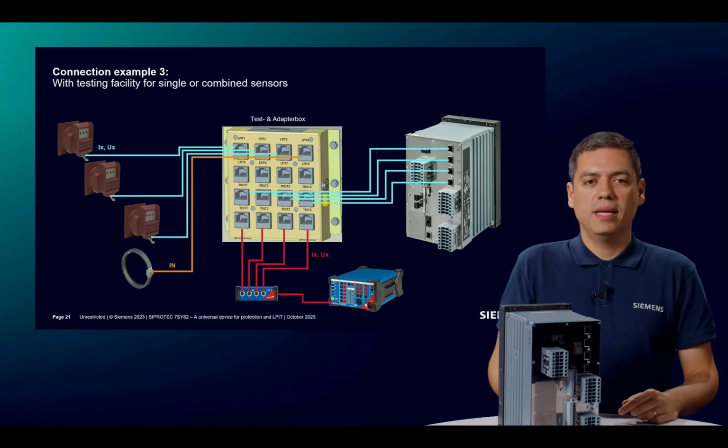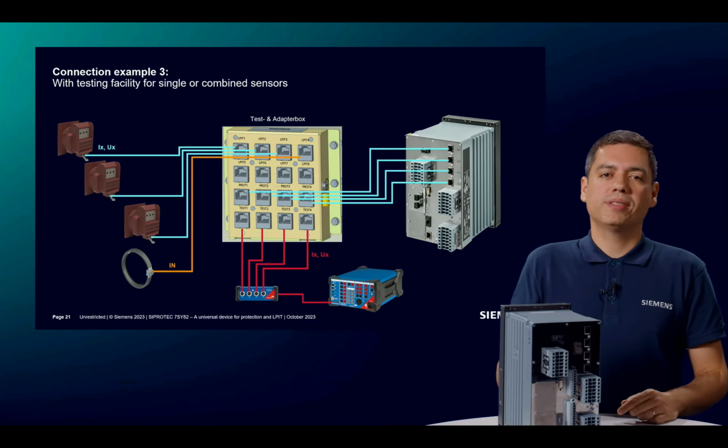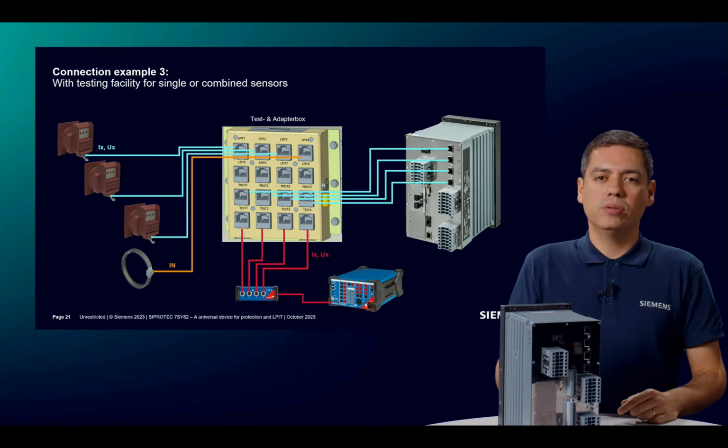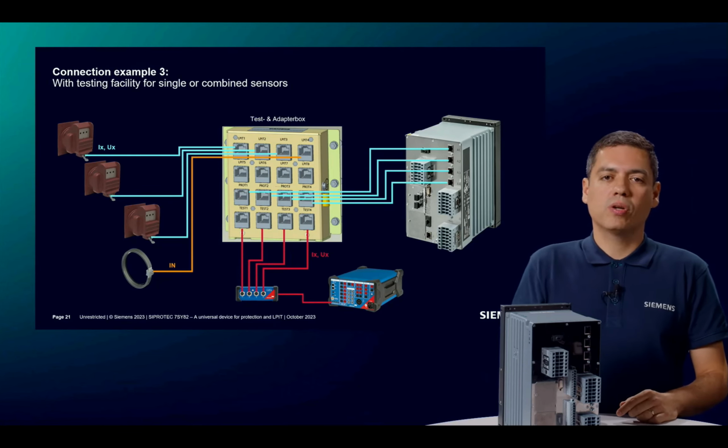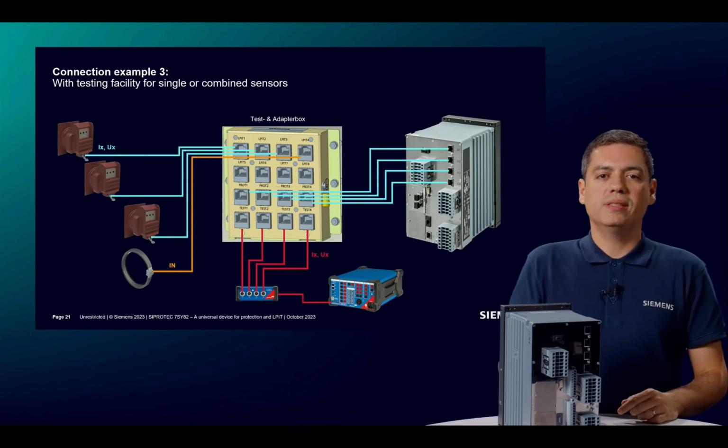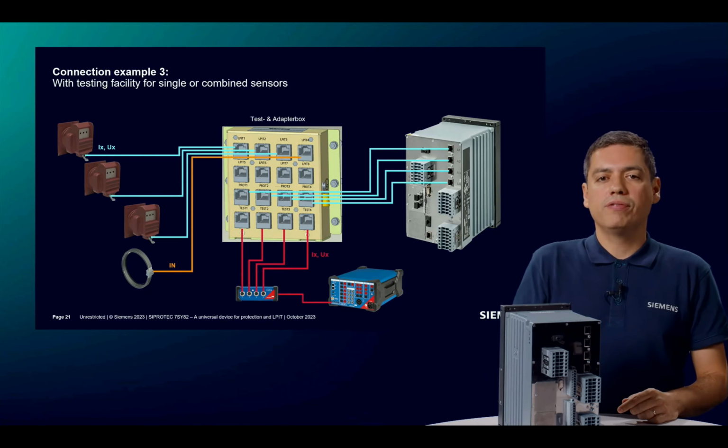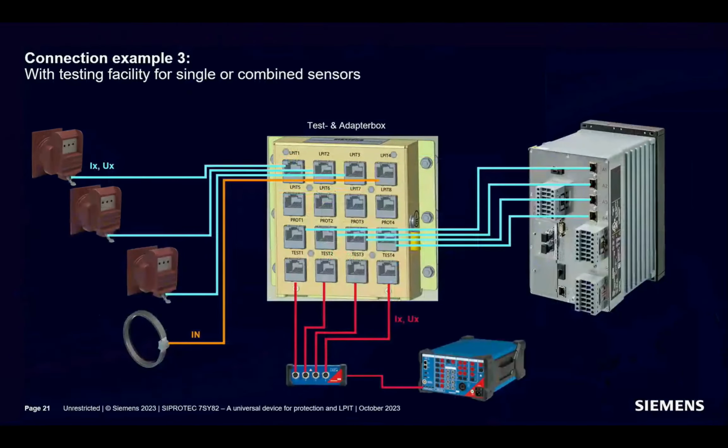In addition, the adapter box also supports testing the 7SY82 by providing the connections for coupling test signals in the 4th line. If you look closely, you will also see in this example that the combination transformers of the 3 phases, as well as the separated earth current sensors, all of which could also be connected directly to the device, are connected to the first line of the adapter box.